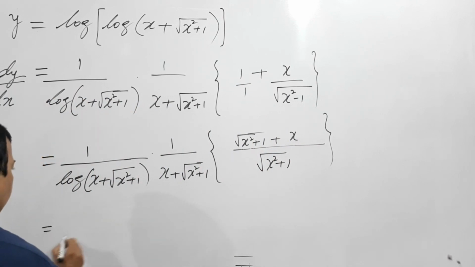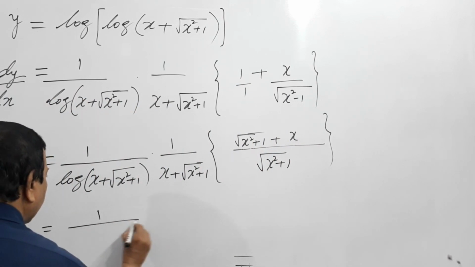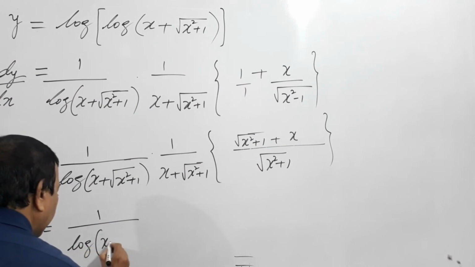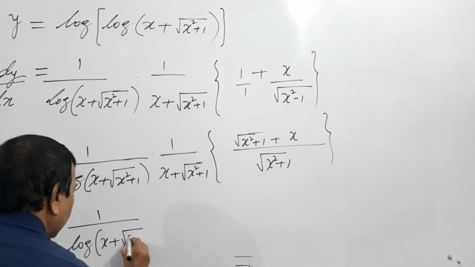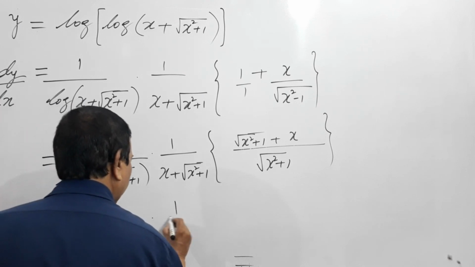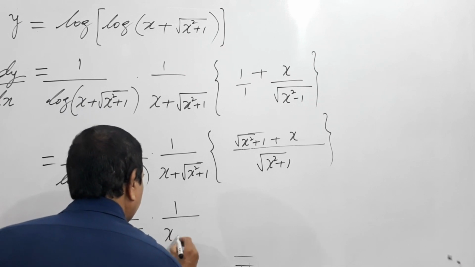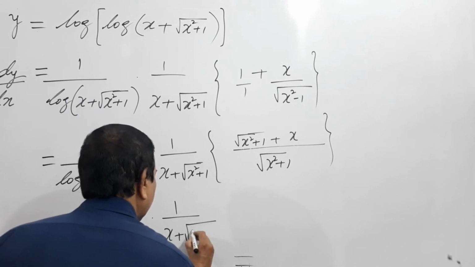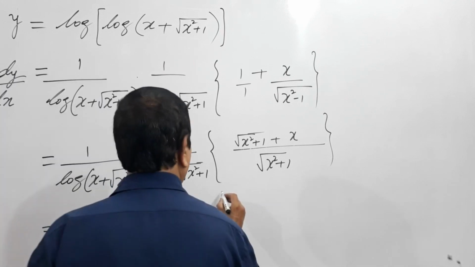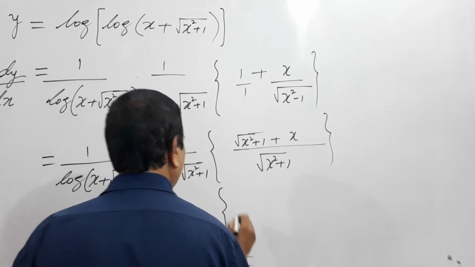So this equals 1 by log of x plus under the root x square plus 1 into 1 by x plus under the root x square plus 1, and I'll rewrite this.